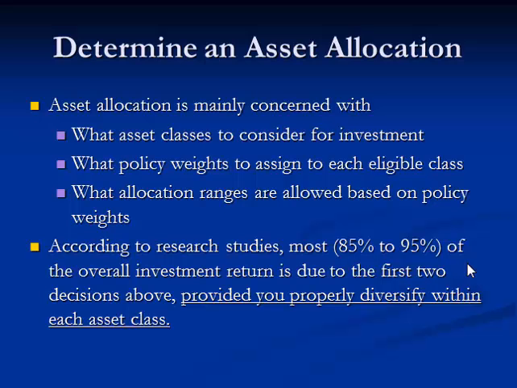So what I'm saying is those weights that I had in that previous slide, where it said 10% cash, 40% stocks, 30% bonds, those weights that you choose determine 85 to 95% of your overall return, provided that you're diversified in the stock category, in the bond category, and so on. So those weights make a huge difference in what you do, and that's what I'm trying to tell you here. You want to make sure you have the right weights and you lean towards riskier assets if you have a long horizon and don't have liquidity needs.